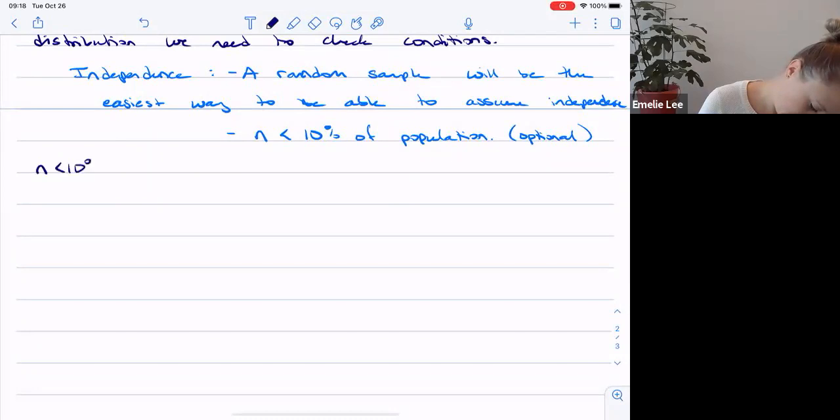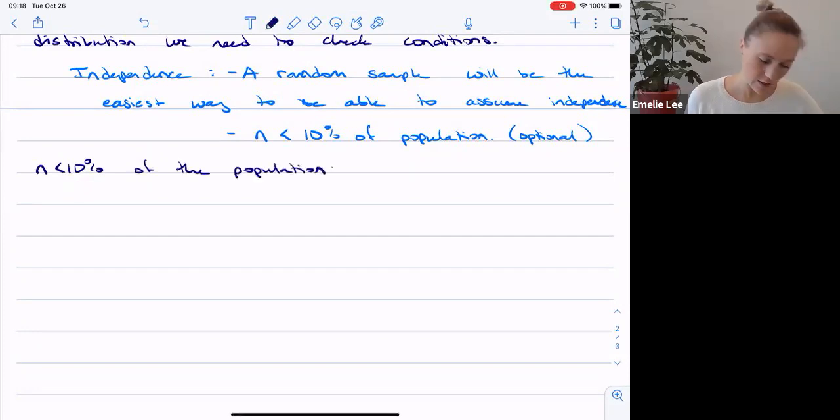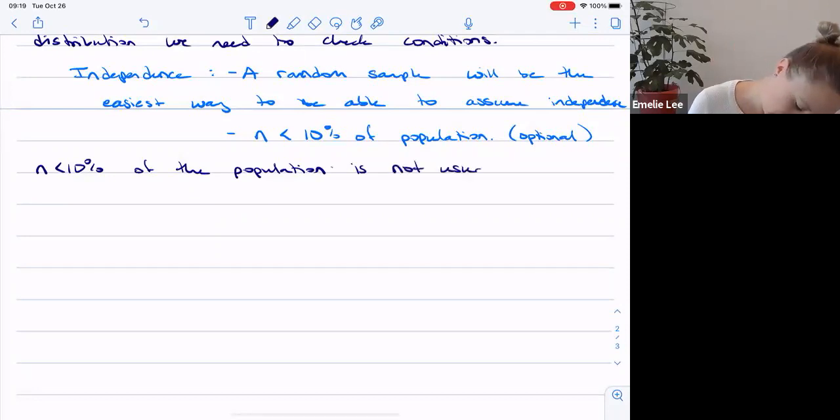N less than 10% of the population, or 10%, usually I just shorthand it, is mostly a concern if you're sampling from a small population. It is not usually a concern.